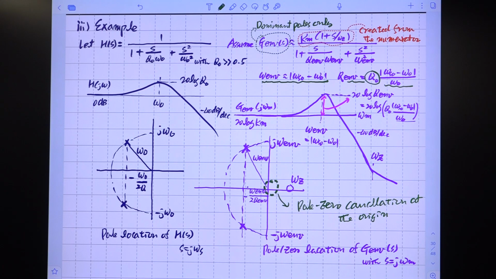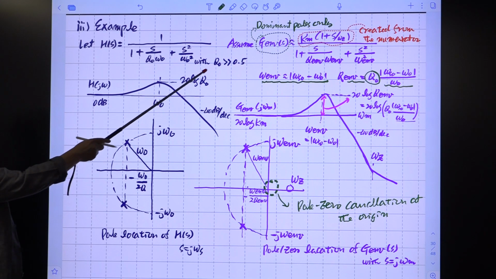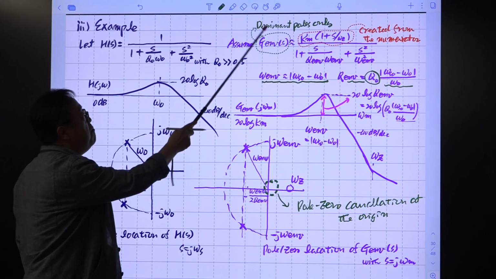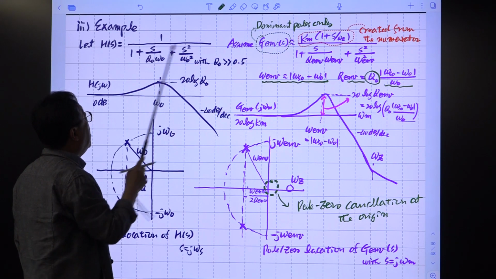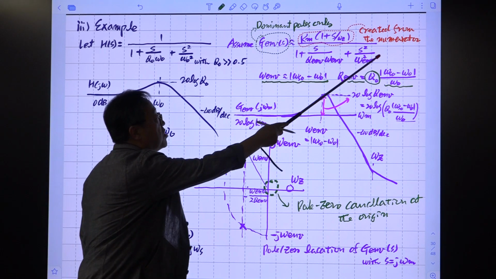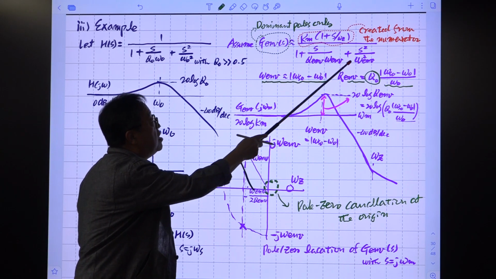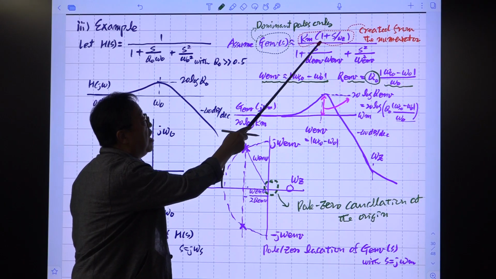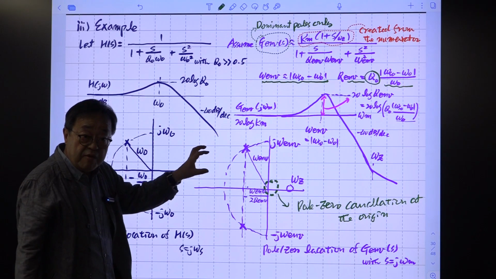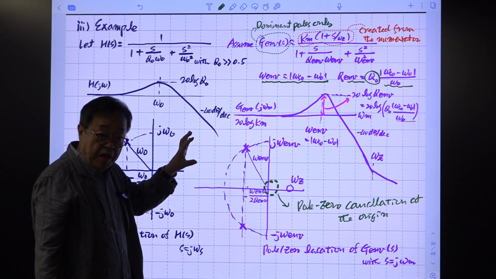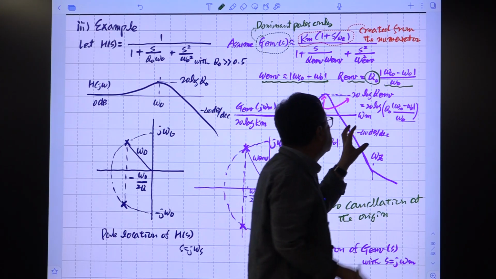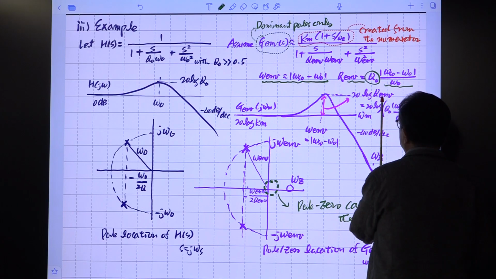Let me repeat this. The tank transfer function has this form, and the pole is located here. Then this frequency to envelope sinusoid transfer function has the same second order transfer function in the denominator, and may have some constant gain and some additional poles and zeros, which may be complex, but all these zeros are at very high frequency.